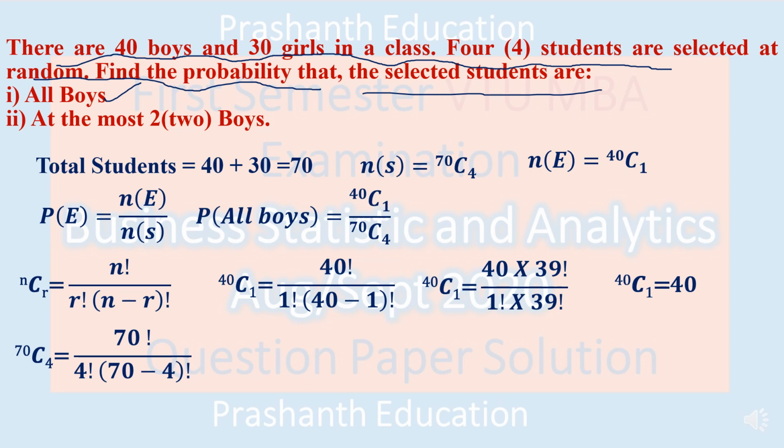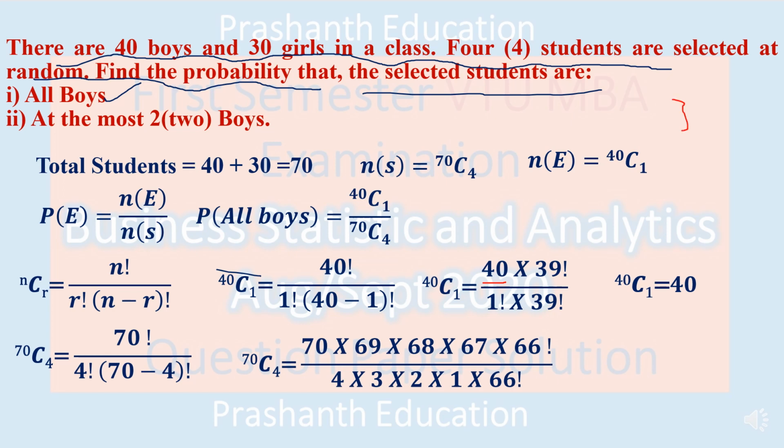The trick here is, you know what a factorial is. For example, 3 factorial is 3 into 2 into 1. Similarly, 10 factorial is 10 into 9 into 8 into 7, and so on.